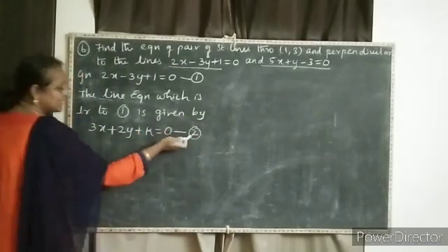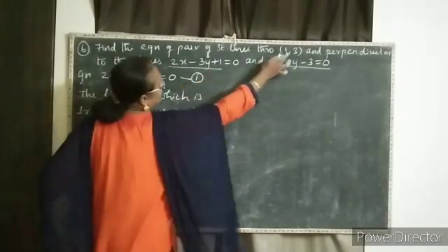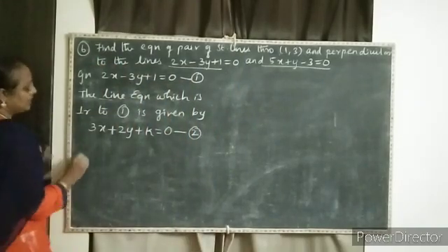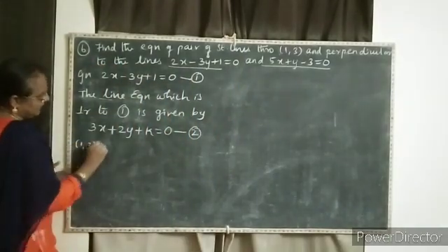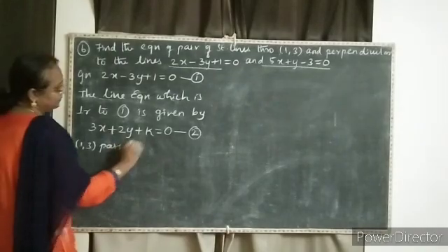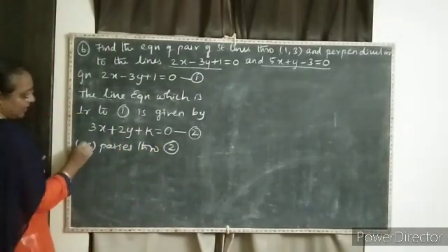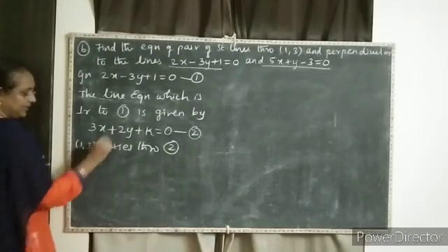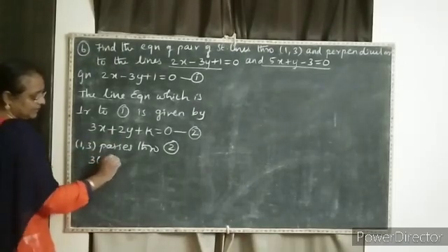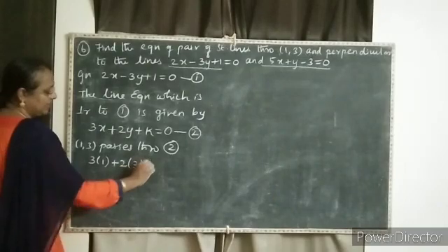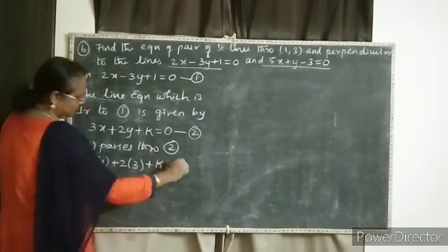Now this second equation passes through the point (1, 3). So now (1, 3) passes through second equation. Yes or no? So now pass this (1, 3) here. So 3 into 1 plus 2 into 3 plus k is equal to 0.